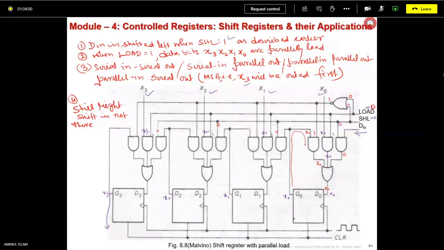It is getting a path like this or not? So it is retaining or not? When you are not performing data in and shifting left, and you are not loading parallelly, then what should the register do? It should retain, and is that happening or not? Yes, sir. Similarly, this is going to happen in all the flip-flops.